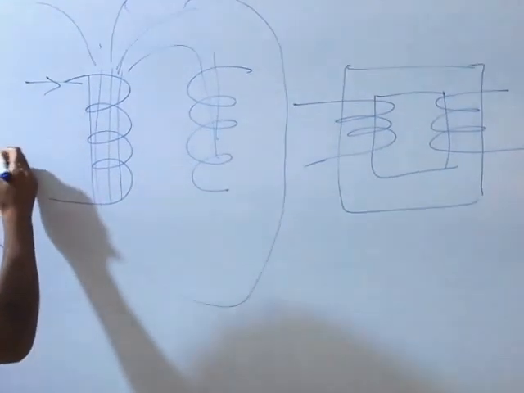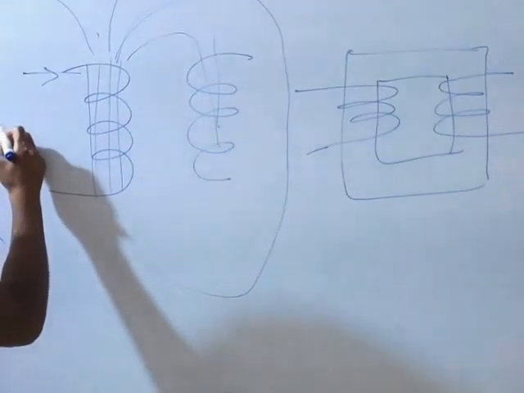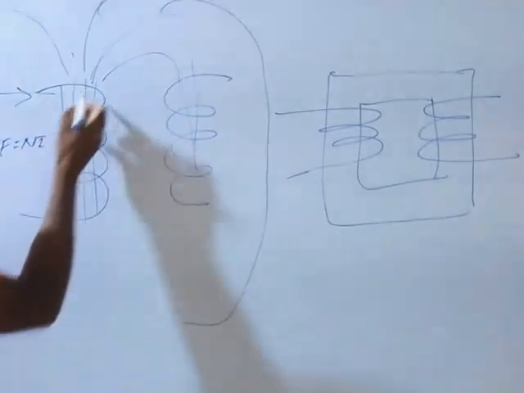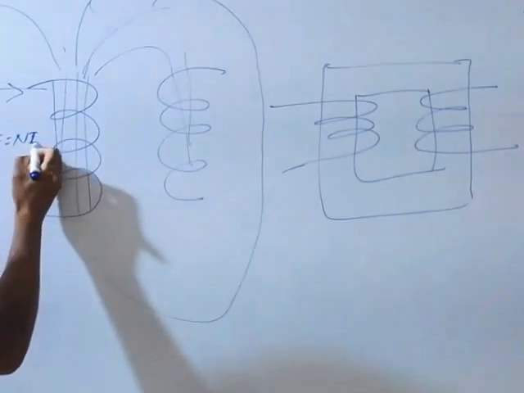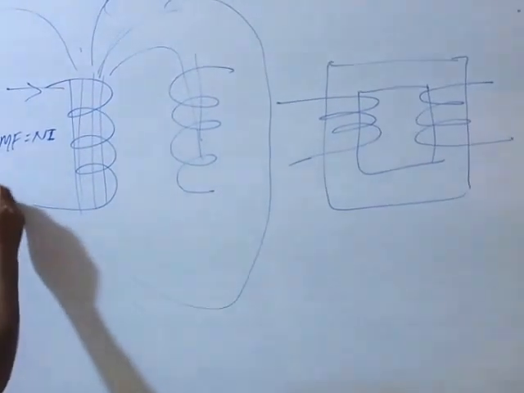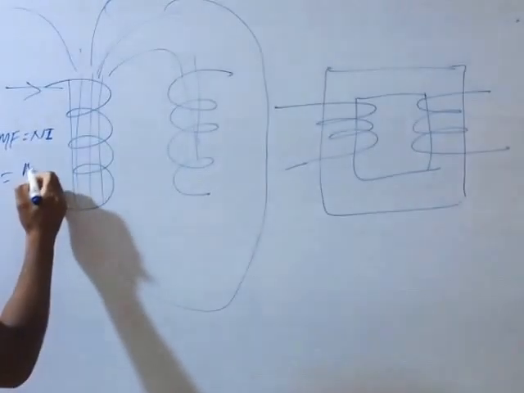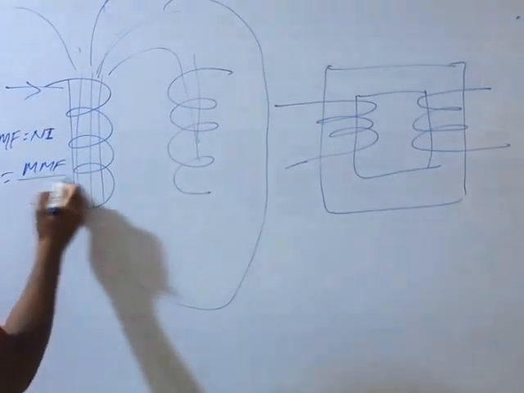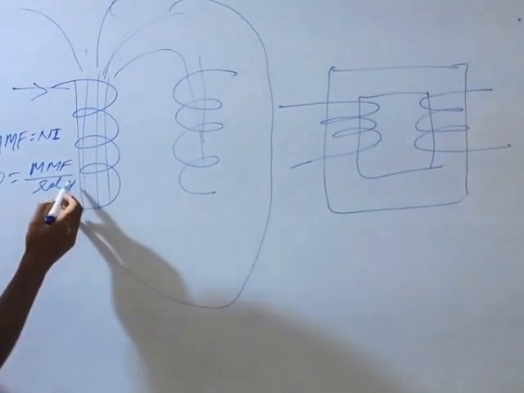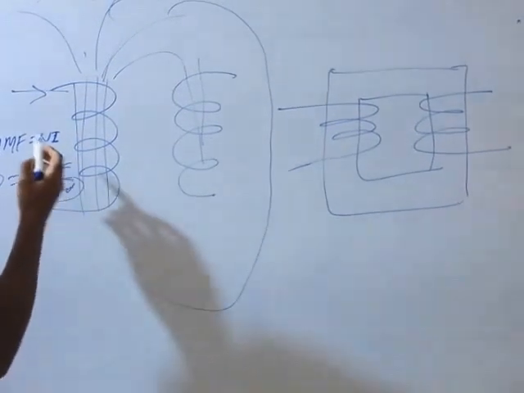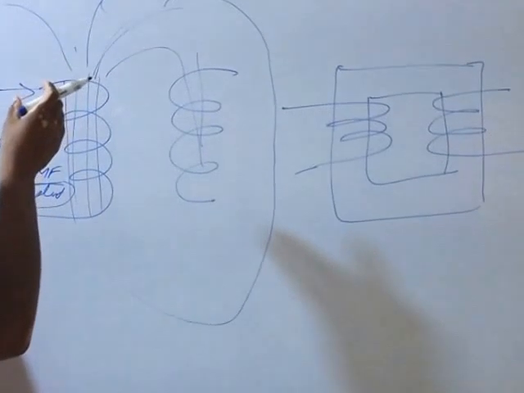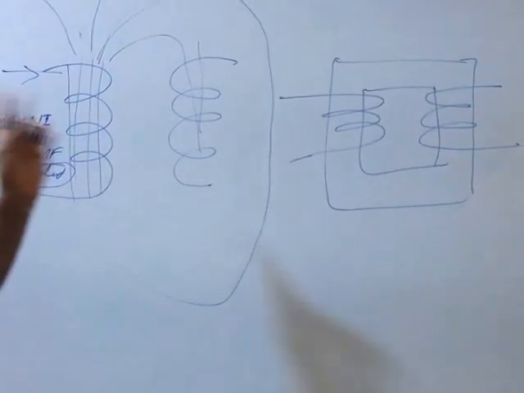For let's say a current I, the MMF will be N I, number of turns times the current I. So what is the flux generated? Flux generated is equal to MMF divided by reluctance. So in case of air, the reluctance is so high that the flux generated is very less, very few flux lines. So two disadvantages I am getting.